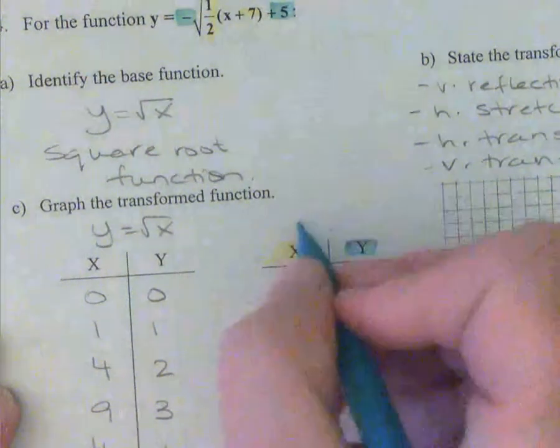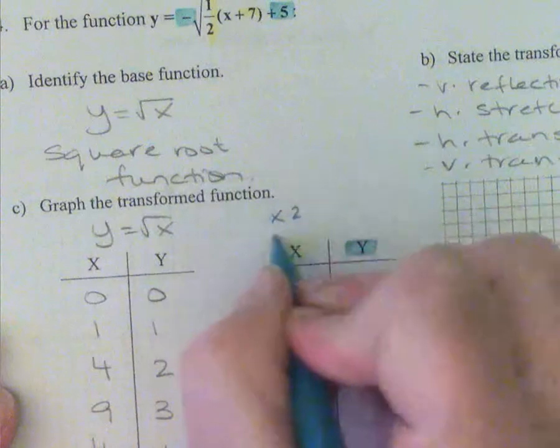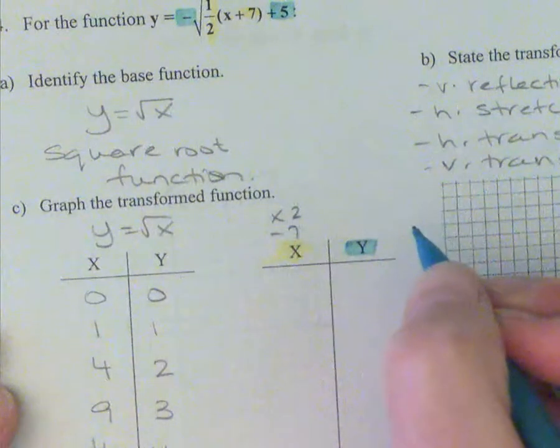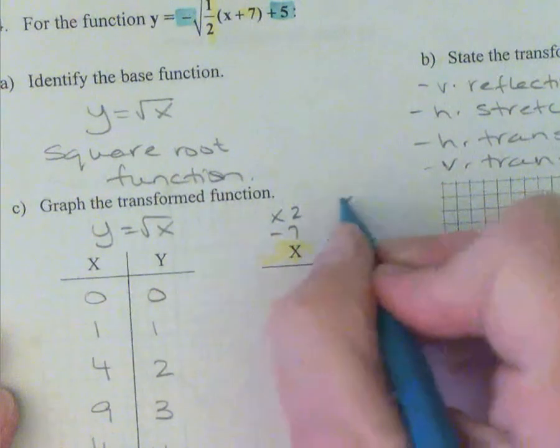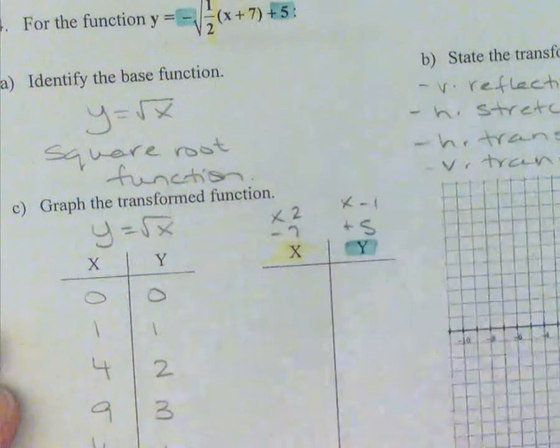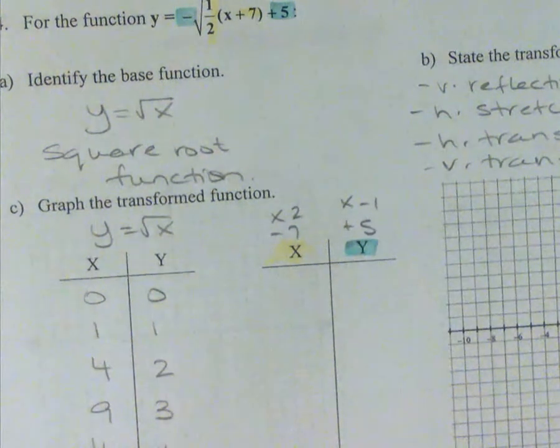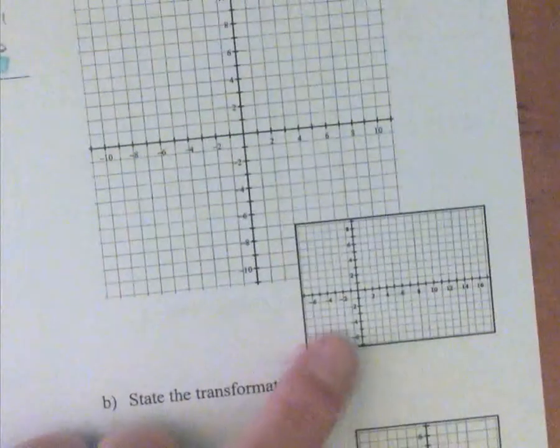So that means I'm going to multiply by 2 and subtract 7. And this means I'm going to multiply by negative 1 and add 5. But let's look at, first and foremost, what does that square root function actually look like? So that's what this little box is for.